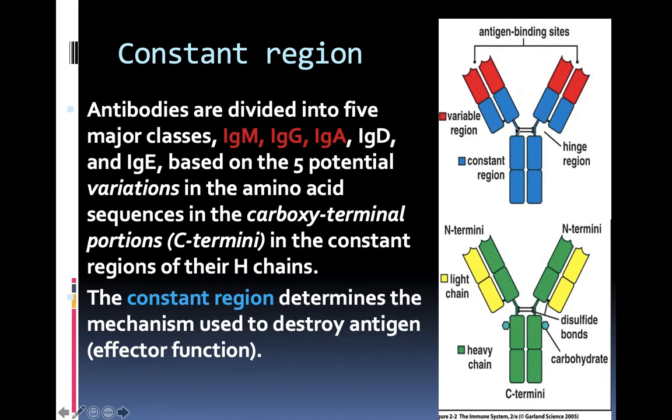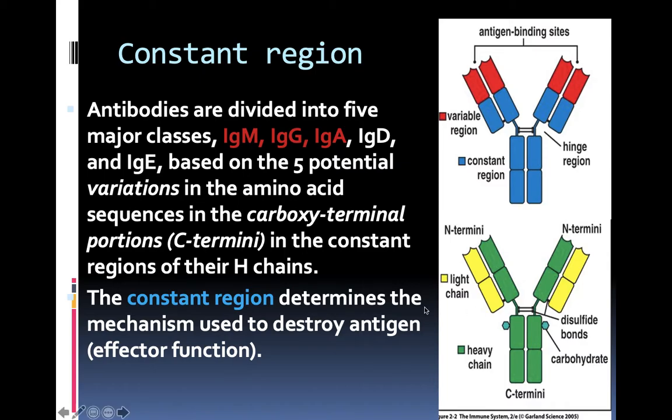So here you have your constant region, the CH1, CH2, and CH3. The amino acid sequence variation here is the reason why we have several types of immunoglobulins, several types of antibodies.